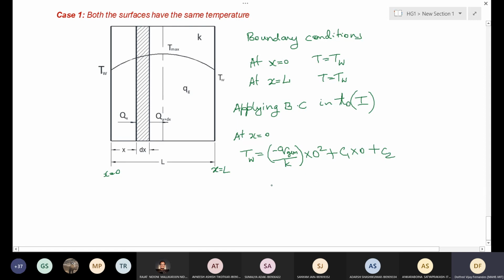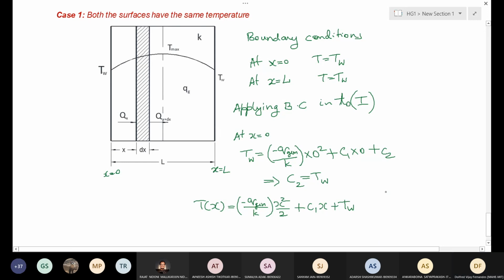So what will it give you? The constant C2 equal to T wall. Okay, substitute, and we can write T of x equal to minus Q generation by K into x squared divided by 2 plus C1 into x plus C2. No, C2 is TW, sorry. TW.